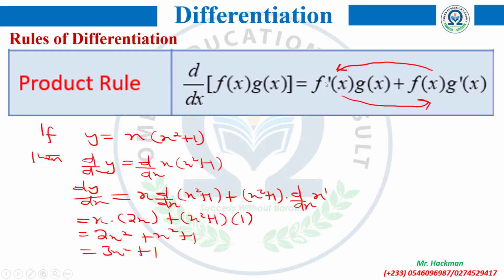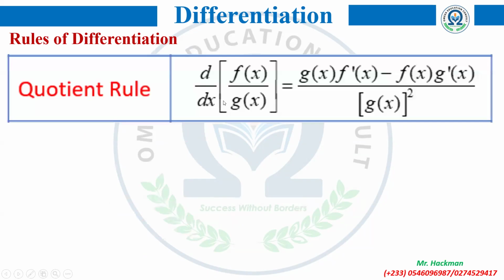But because addition is commutative, you get the same result. However, here, no. With the other one, it doesn't really matter which function you hold first and differentiate, but this one is very critical. You hold your denominator function, differentiate your numerator function, then minus, hold your numerator function, differentiate the denominator function.